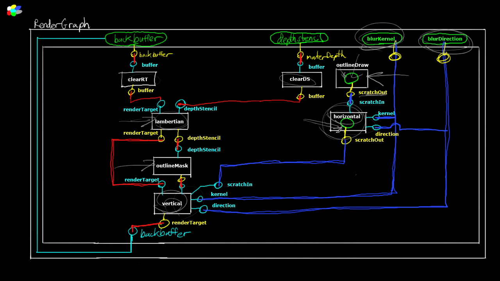So it has its own buffer here, and that is going to be bound as a texture into this pass, along with the kernel and the direction. It's got its render target, it's got its depth stencil, and it composites the image from this full screen texture onto our render target and outputs that, and that's the final output to the system.